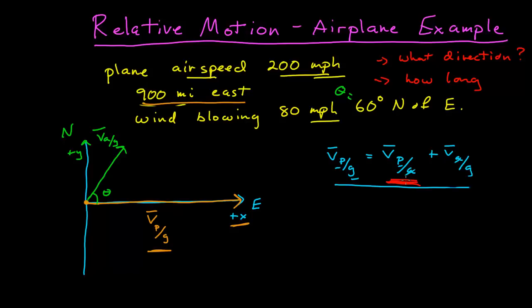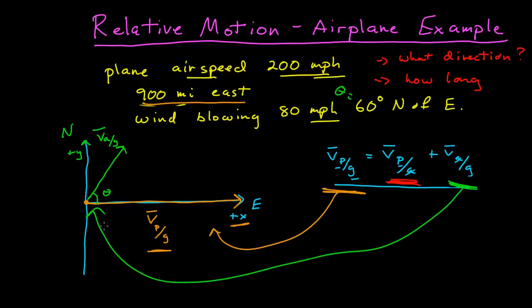And so if we have this vector here and this vector here, then this vector is going to be represented by this red vector. This is the vector of the plane relative to the air.